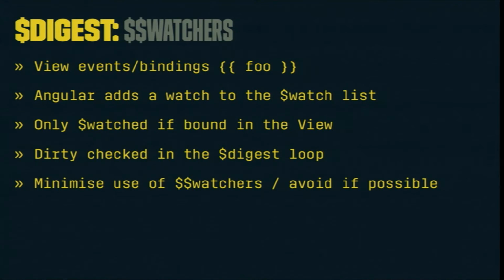The watchers side, so if you've got a controller with scope.something, these don't actually get added to the watchers until you're using them in the view. So here we've got an example, view and event bindings, curly braces, and foo. Anything there is dirty checked. What we want to do is minimize the use of watchers.